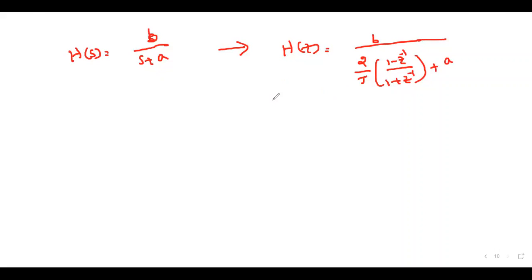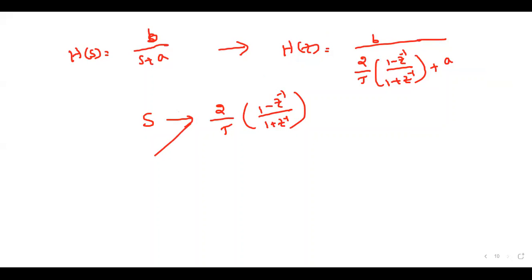Then both are similar. That means the transformation is s. In place of s, we have to keep this 2 by T into 1 minus z inverse by 1 plus z inverse. This is the transformation. Okay.